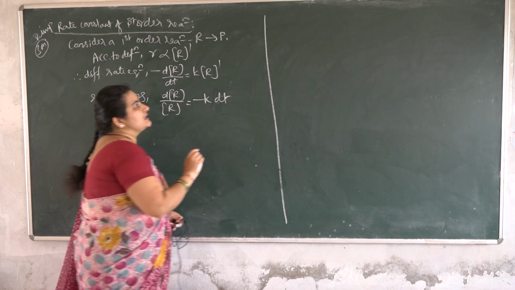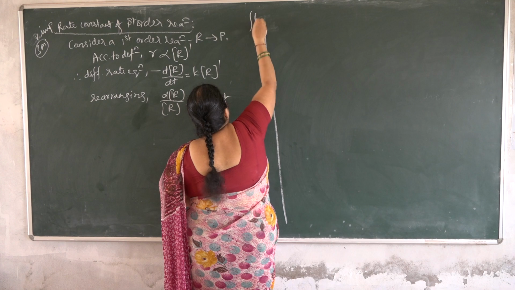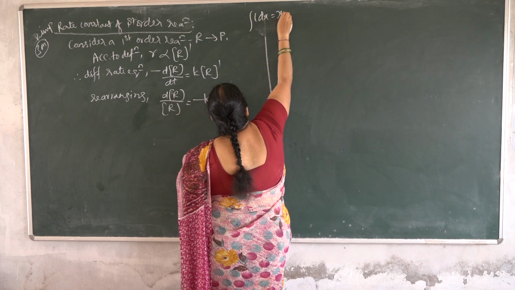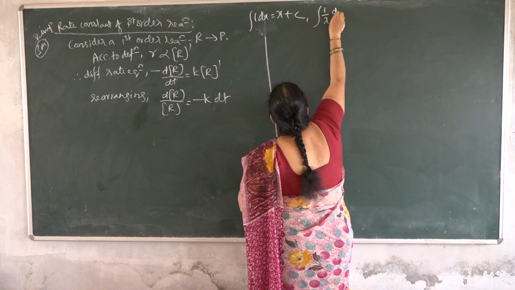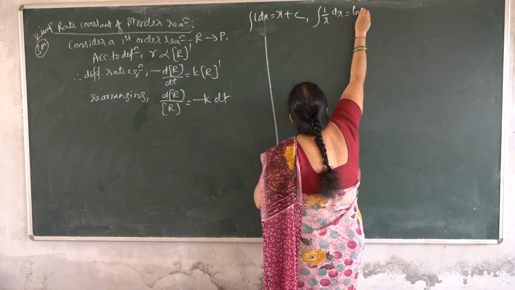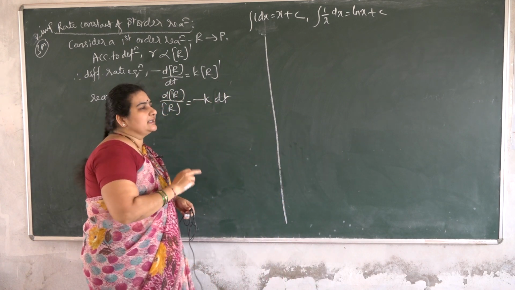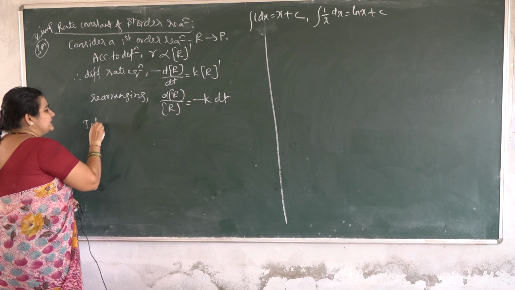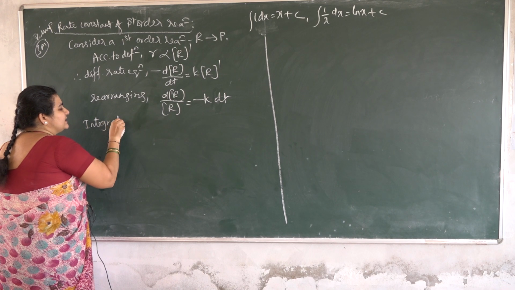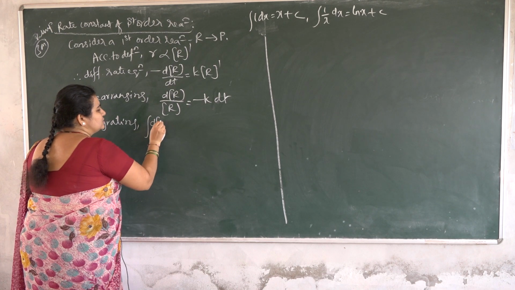In the last class, I gave you 2 integrals, that is integral 1 dx is equal to x plus c, and another integral 1 by x dx is equal to ln x plus c. I will use both the integrals here. Now, rearranging is over. Integrating: after the rearrangement, we have to integrate the equation on both sides.